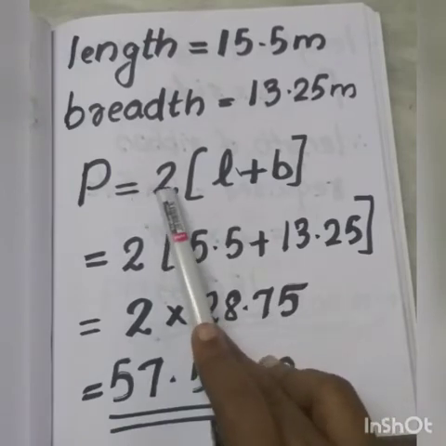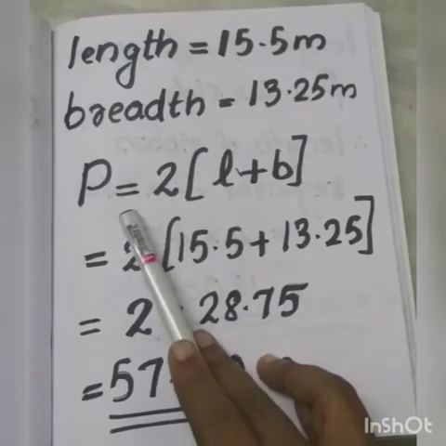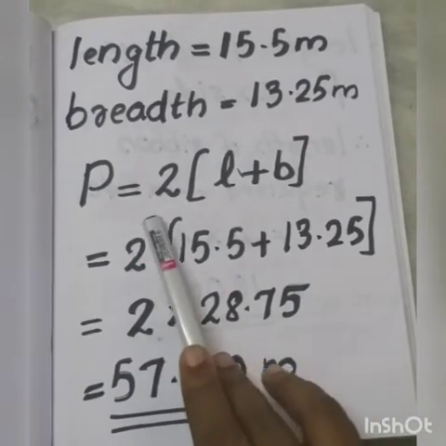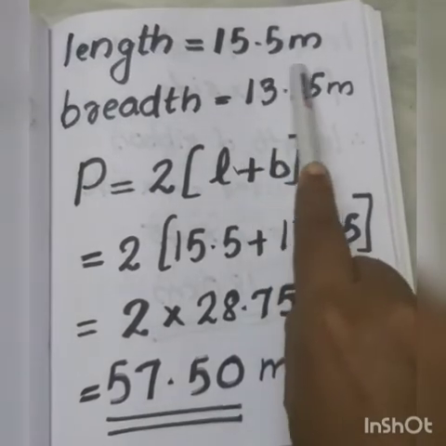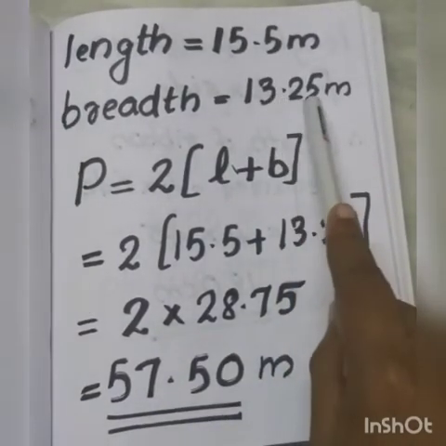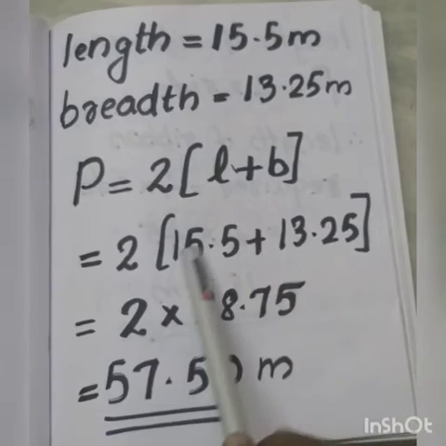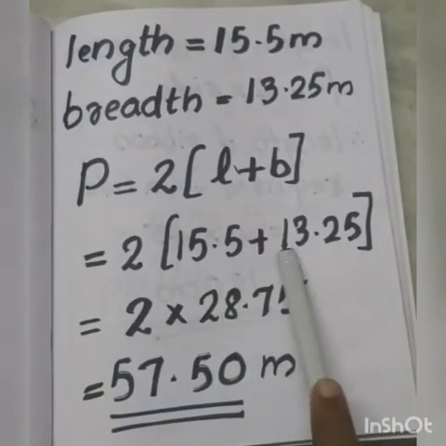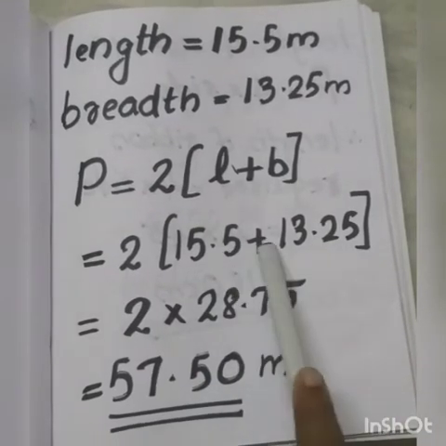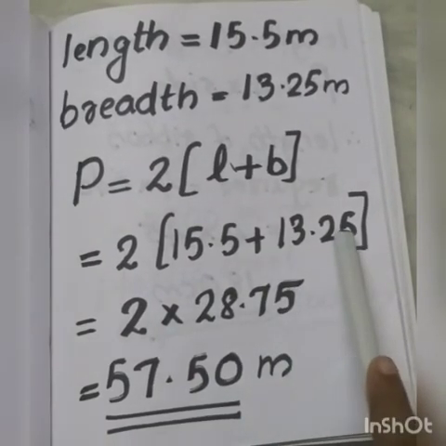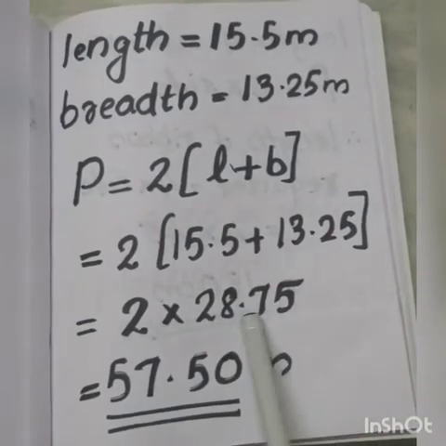the perimeter of the garden. We know the perimeter of a rectangle is 2 into (L plus B). Now what is L? 15.5. B is 13.25. So substituting, 2 into (15.5 plus 13.25). Now adding the bracket first: 15.5 plus 13.25. You know how to add decimal numbers. We are getting 28.75.